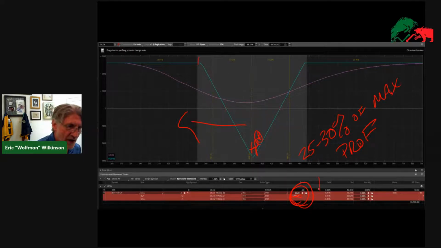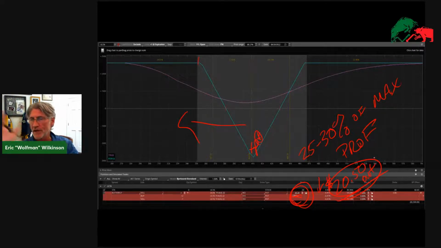So if I could get out for $20-ish, let's just say $20.50, somewhere right around there, that's where I would be looking to cover my trade. Okay. So you get a juke one way or the other. It went down to $20. I'm getting out for 25 to 30% of my max profit. Low probability strategy. I'm going to be willing to take a little bit less than full credit on this type of trade. All right. And that's my rules.